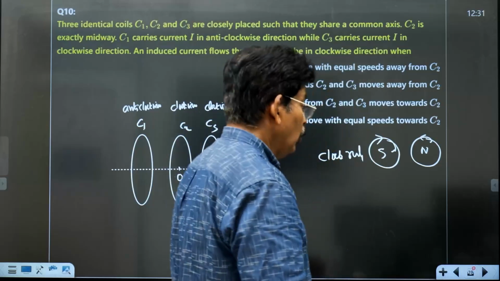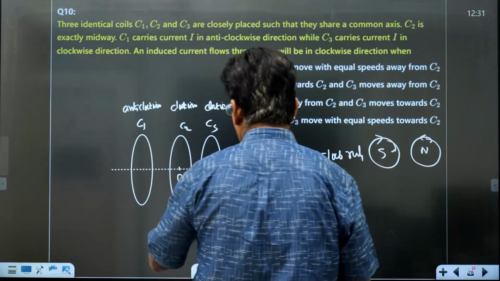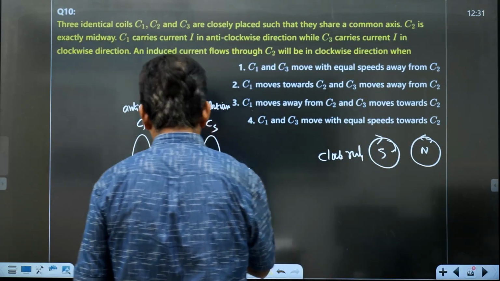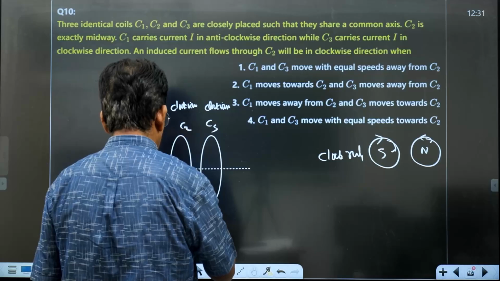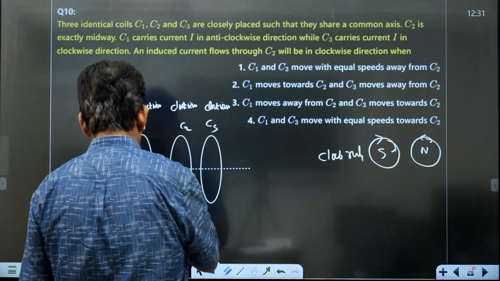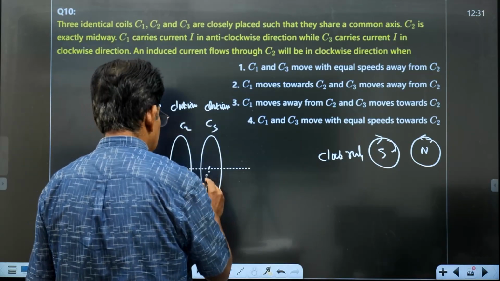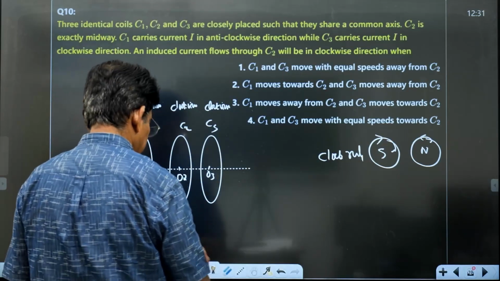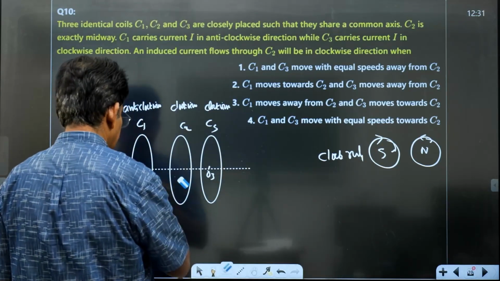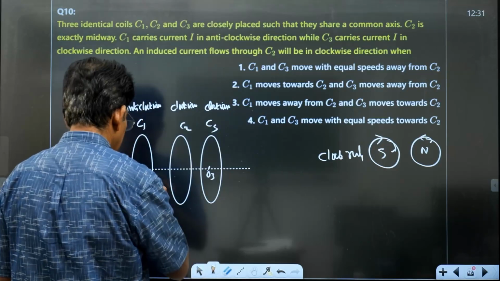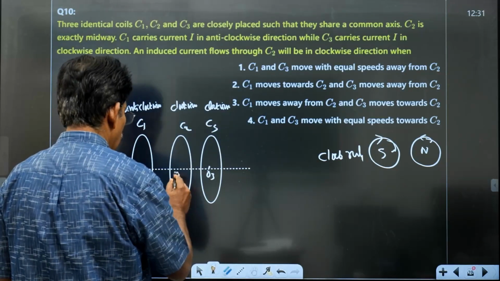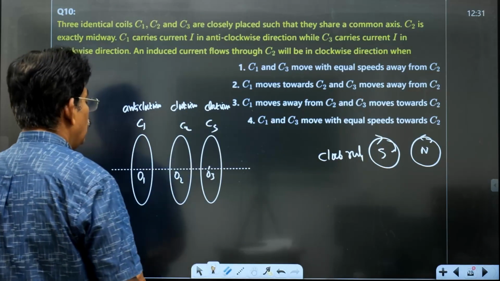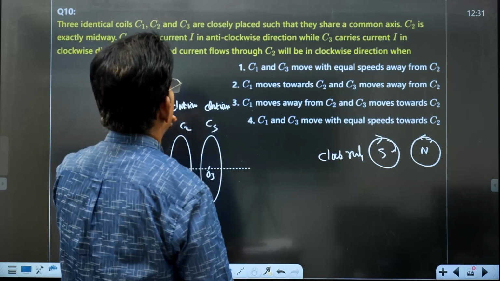Okay. Now look, we look from O, this is the center, O2. This is O1, this is O3. When you look from O2, better I write the suffix, O1, O2. You know, the current is in anti-clockwise direction, they told.